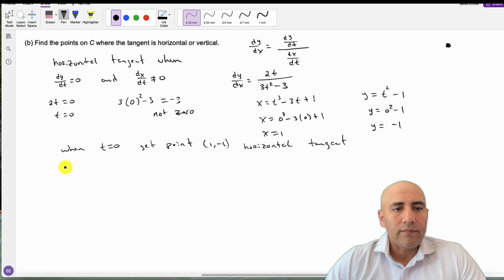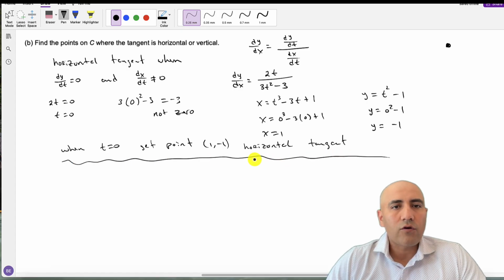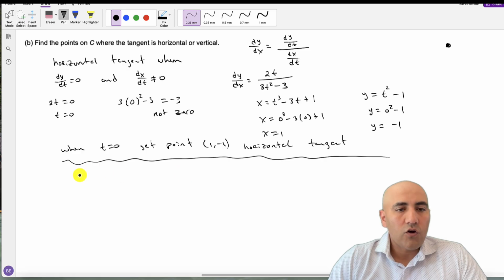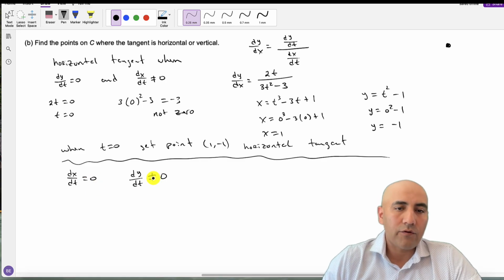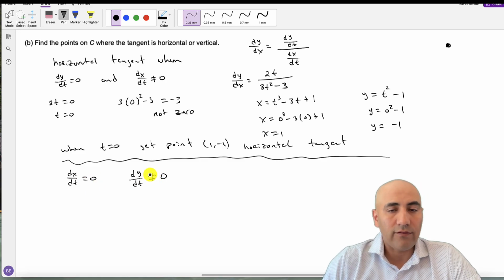Okay, likewise, verticals happen when the opposite is true, when the denominator is 0 and the numerator is not 0. So we need to figure out dx/dt equals 0, but at the same time, dy/dt does not equal 0. So find all the t values that make the denominator equal to 0, and at the same time confirm that the numerator is not going to be 0 at those points.